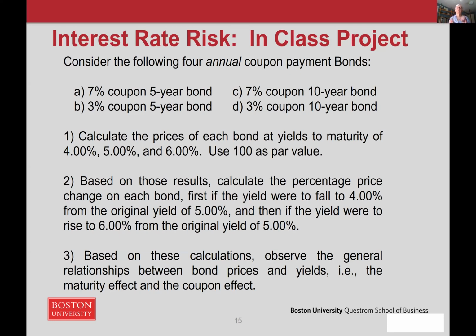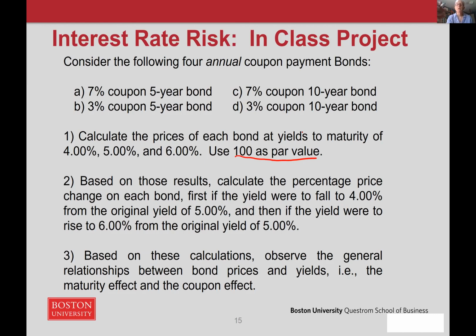So this is basically where you are going to practice coupon bond calculations. You are going to do 12 calculations. I'm going to put you in breakout rooms. But one of the things I want you to think about as you're doing it is that for each one of these bonds, you have got all of the information, you're using $100 as the par value.